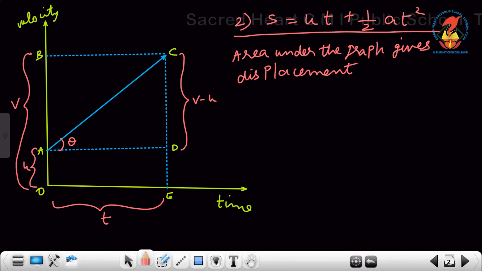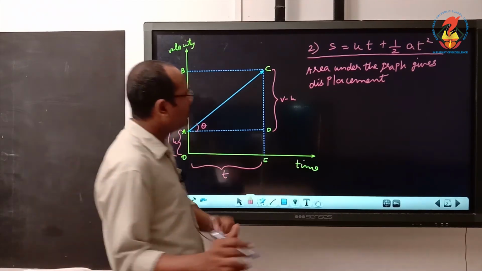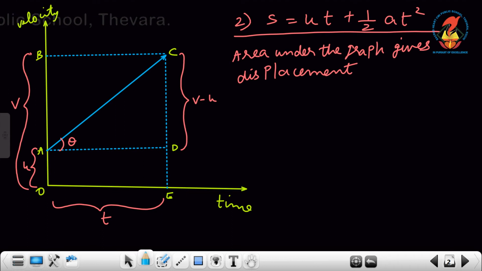So we are going to find the area of trapezium OACE. So I am writing like this. Area of the graph gives displacement.